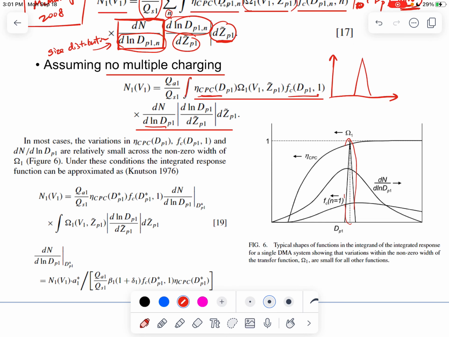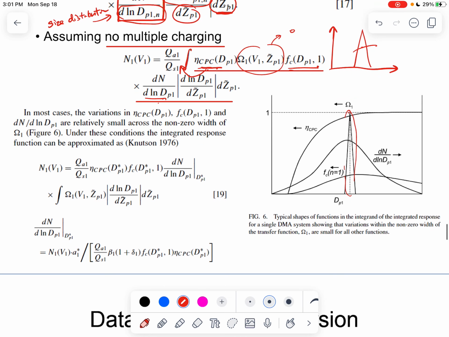Since this is an integration trying to integrate particles from all different size ranges, you could just assume these are constants over the narrow range of the transfer function, because outside your transfer function it is just zero. You don't need to consider all of these factors anymore. Only within the transfer function you could assume that these factors are constants, which means that you can take them out of this integral here.